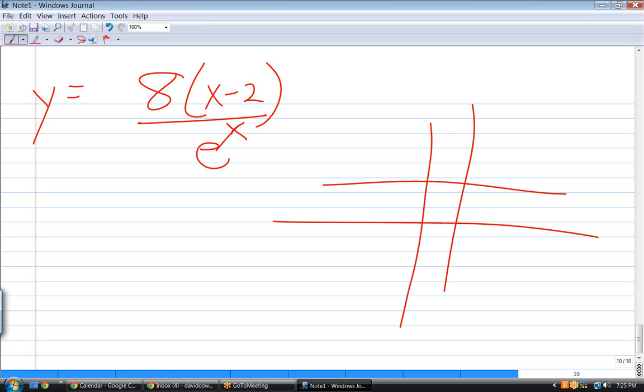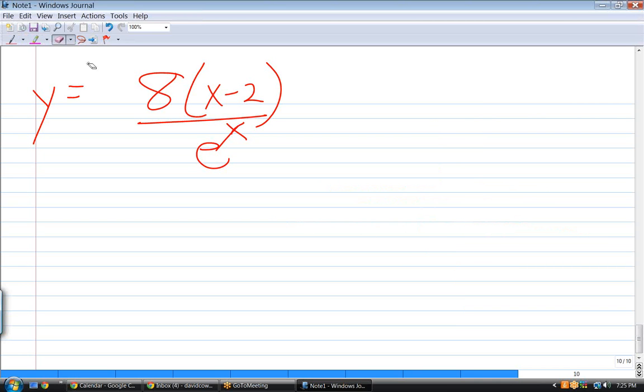That's a slope undefined or infinity. So when they ask about the slope of the tangent line, we need to take the derivative of this first, set it equal to 0, and that'll be a horizontal tangent line.